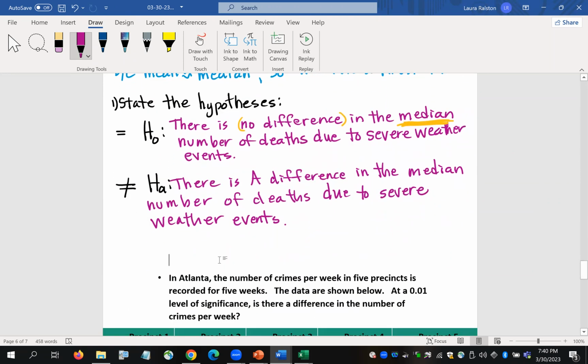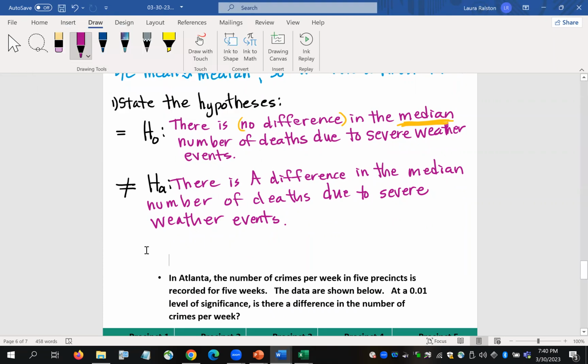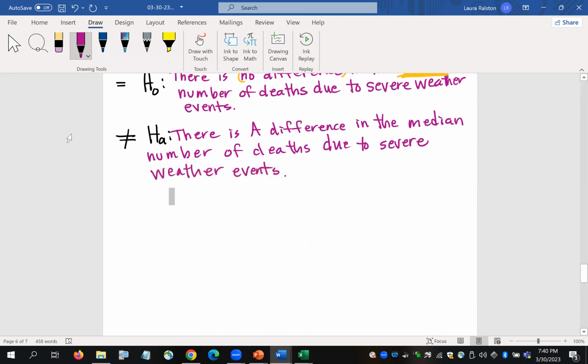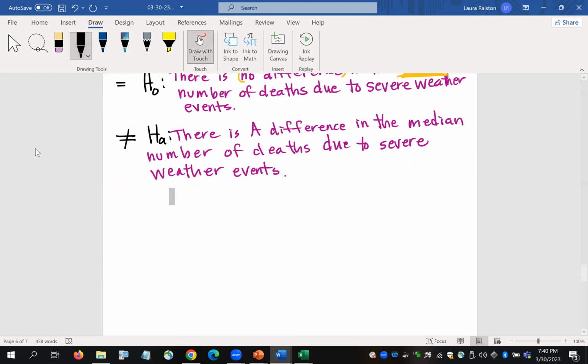Step 2 in the process is to identify the players. Hadn't changed.